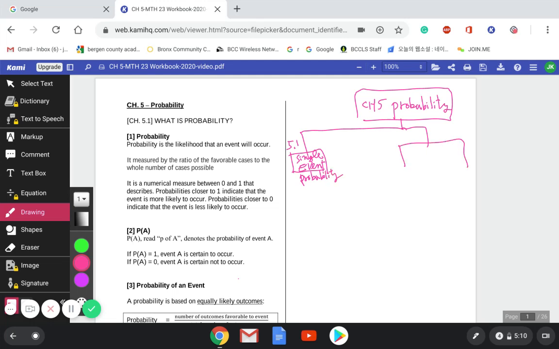And the other one is chapters 5.2 and 5.3, which are about multiple events, what we call compound events probability.